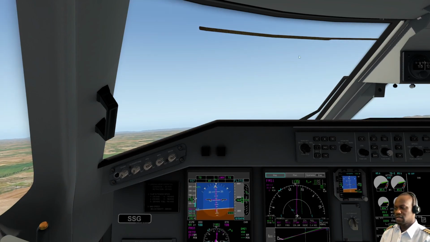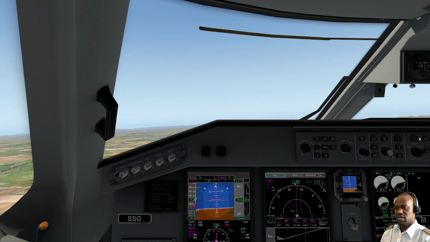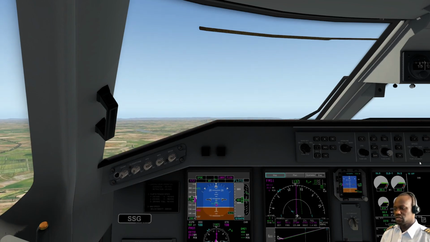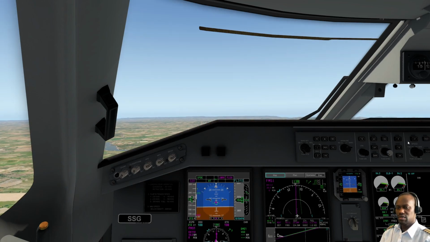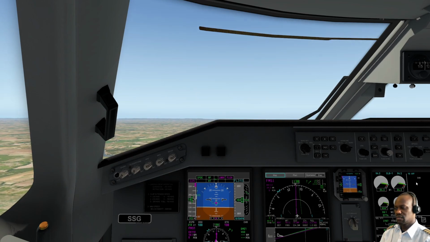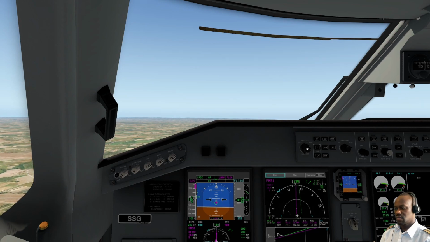Thousand feet. Climb sequence. FMS speeds. And V flight level change. Select autopilot. Autopilot engaged. Transition. Standard set.